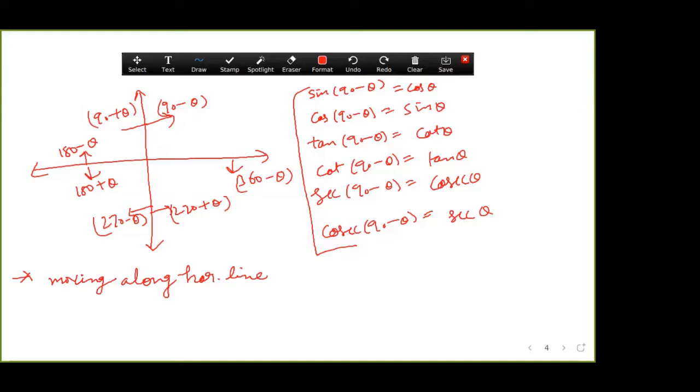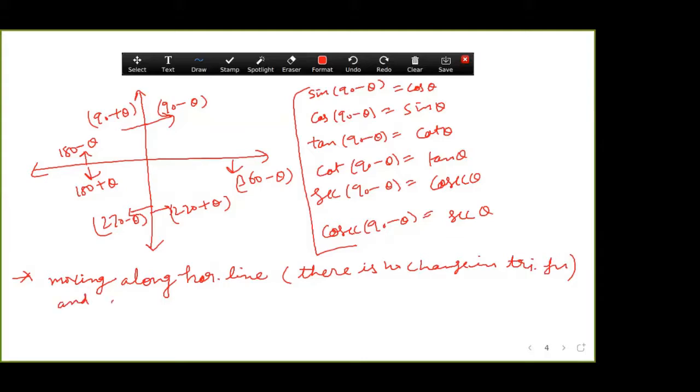Then there is no change in the trigonometric function. As you see here, sine converted into cos when you are taking 90 minus theta. If you are taking 180 minus theta, 180 plus theta, 360 minus theta, then there is no change in the trigonometric function. Sine will be sine, cos will be cos, tangent will be tangent.